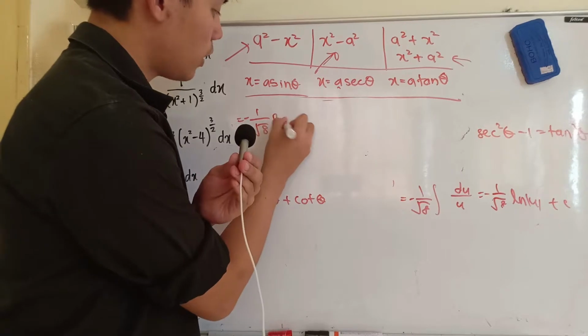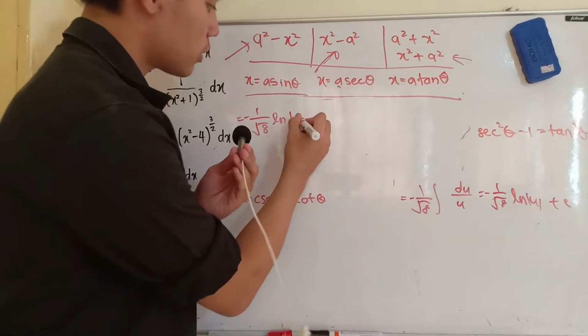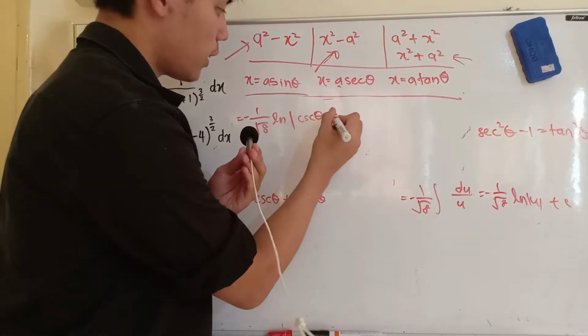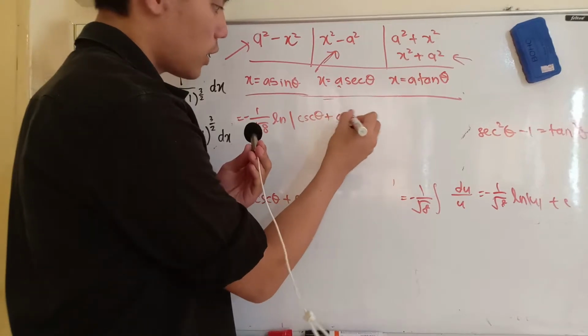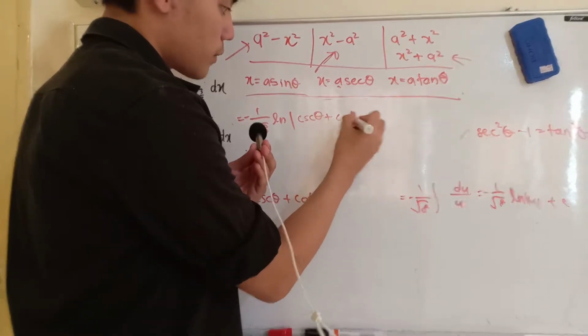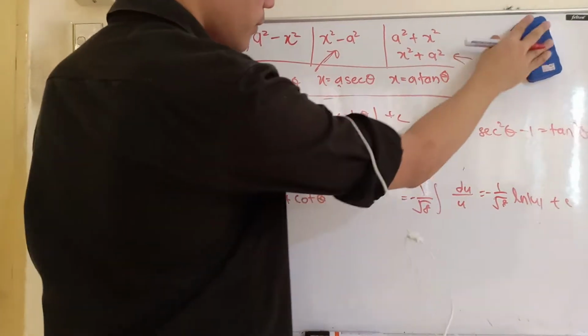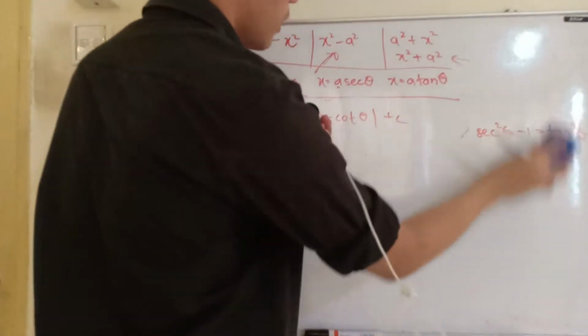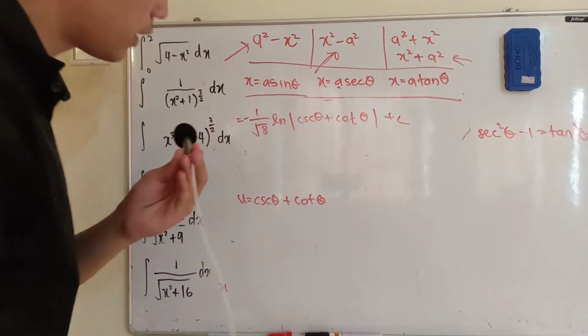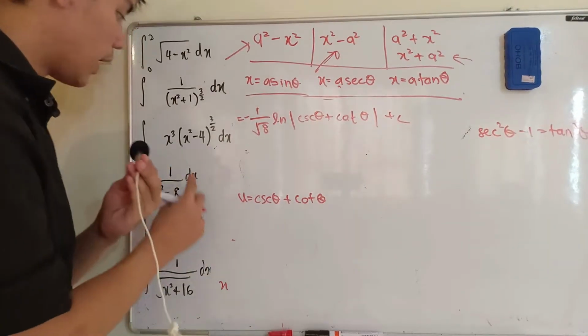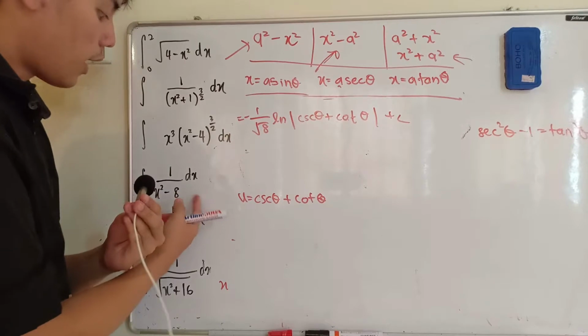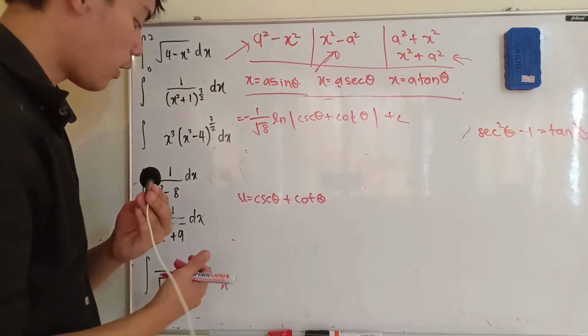So ln u is actually ln of cosecant theta plus cotangent theta plus c. I don't want it in the form of theta, I just want it in the form of x.